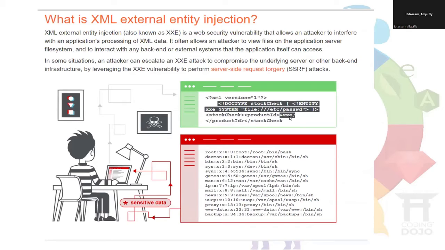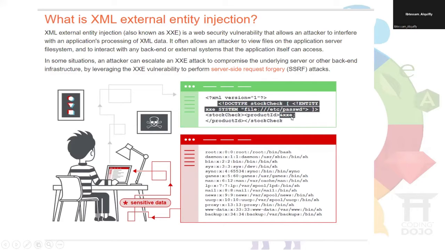If you can see this attribute, it refers to an external entity. When your parser is executing this, it will say, XXE, where is this? It will go back and find XXE, system file, /etc/passwd.